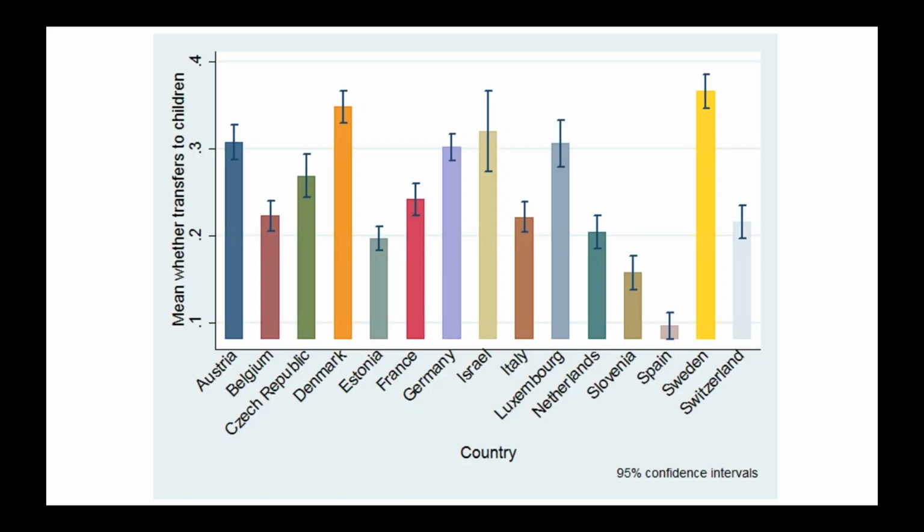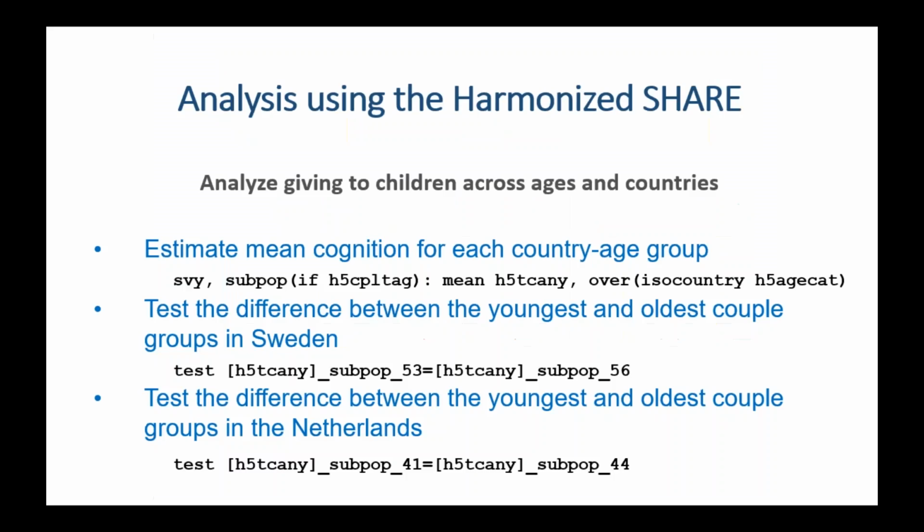So a lot of variation, even between countries that might seem more similar, like Sweden and Switzerland. Maybe you assume that they're very similar, and there actually seem to be some real differences in whether people are financially supporting their children.